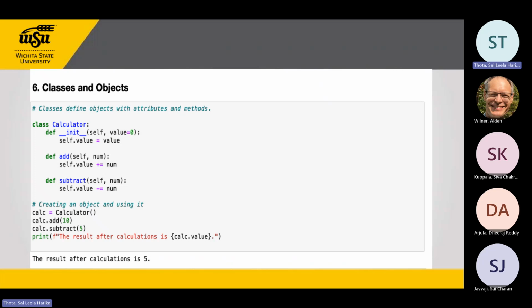Just concentrate on the down part of the code. I try to add calc dot add 10. So it will go to that add function, as we mentioned, self dot value equal to num. It means self dot value equal to self dot value plus num. That is the reason, I think it is calculating the value. So after the calculations we will get the result.